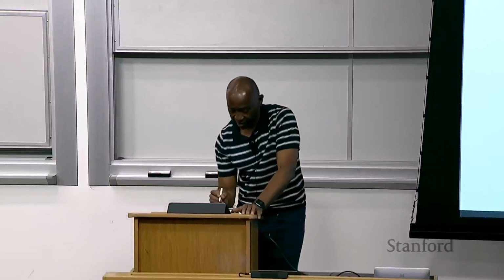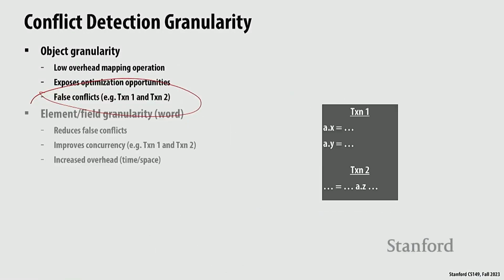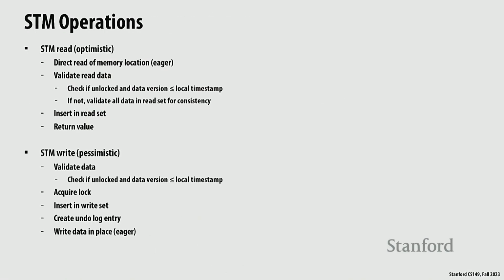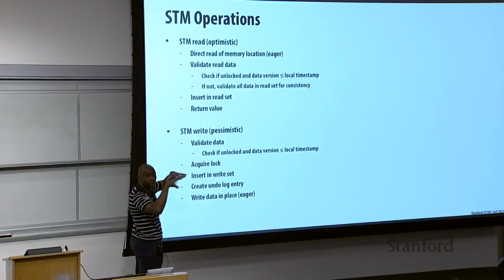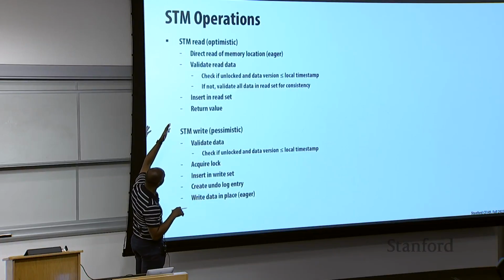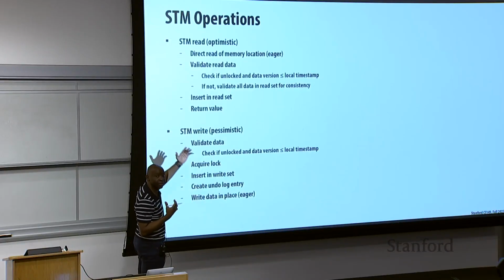Well, let's suppose, to make things a little more clear, that you're at a point in the program and you're doing this STM read, and you have a direct read from the memory, but you could potentially not read, right? You could do the check first. Let's assume you do the check first. Then what do you know?